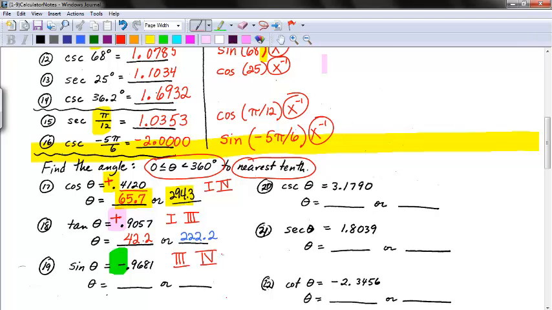That's when you do inverse sine, when you don't know the angle. Negative 0.9681. That's not an answer. My answer has to be positive between 0 and 360. The calculator says negative 75.